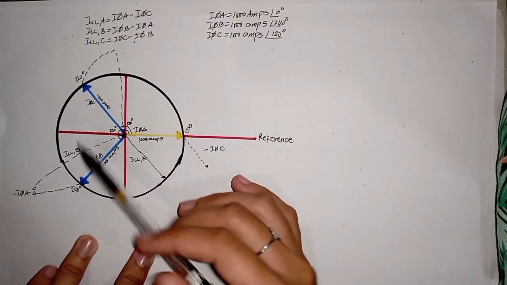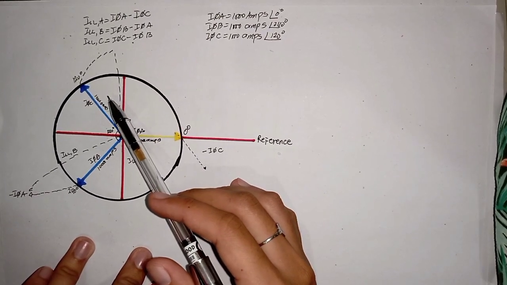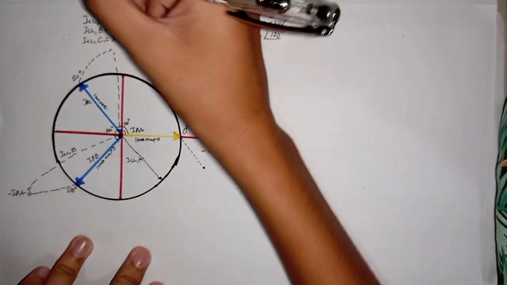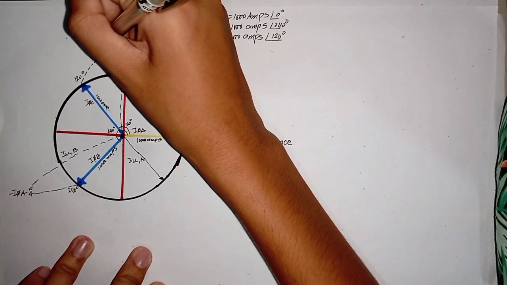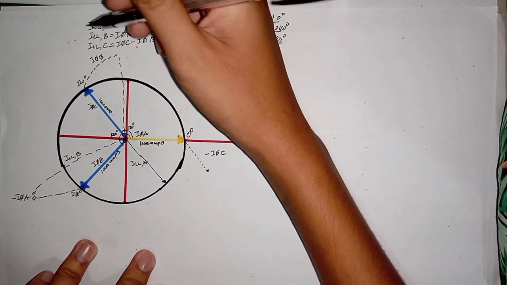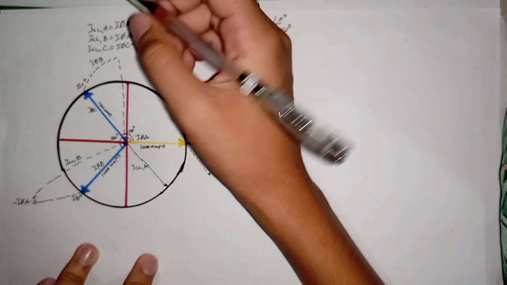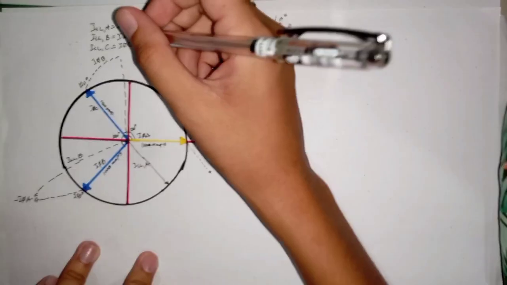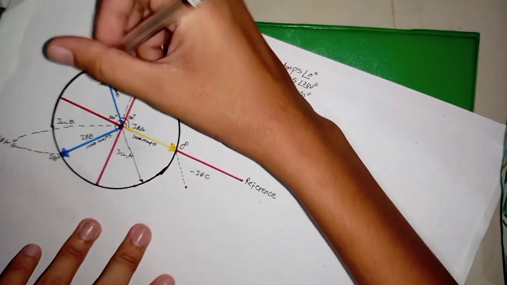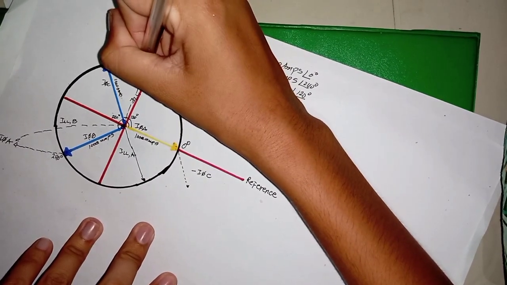Let's rotate by 180 degrees and put the phase current B here, and its resulting vector would be our line-to-line current C.